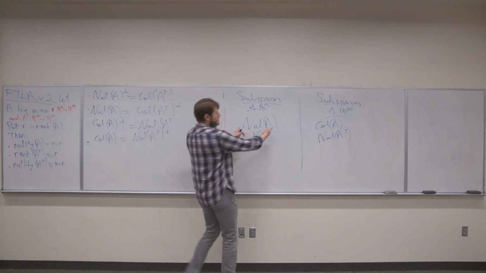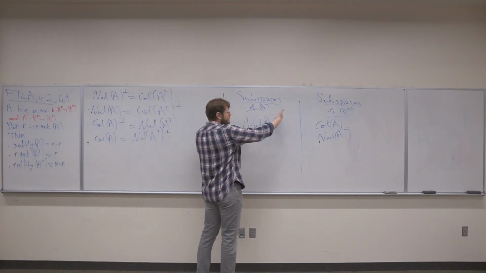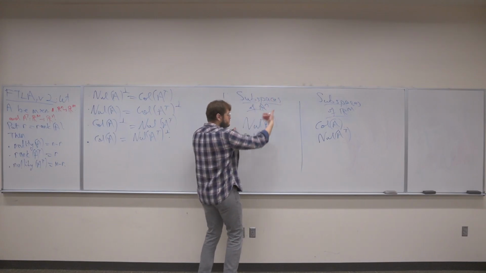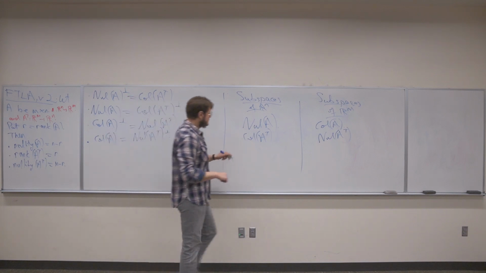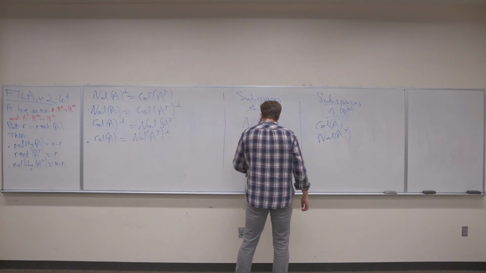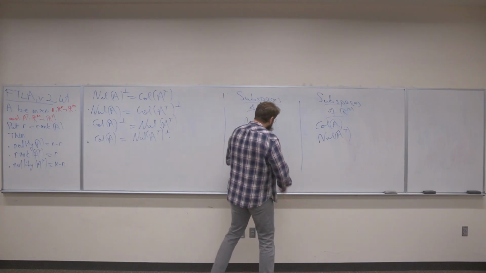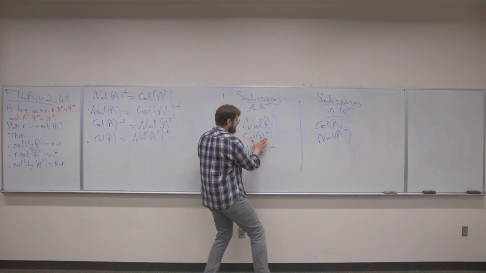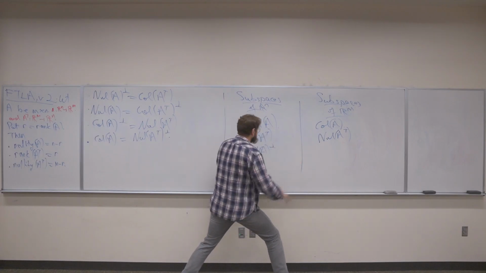So if you start with a subspace of Rn, like the null space of A, take the perp, the perp is going to still be a subspace of Rn. You're not going elsewhere.